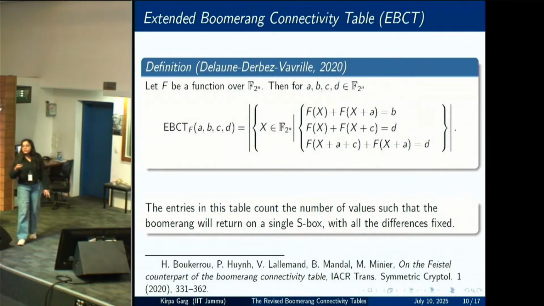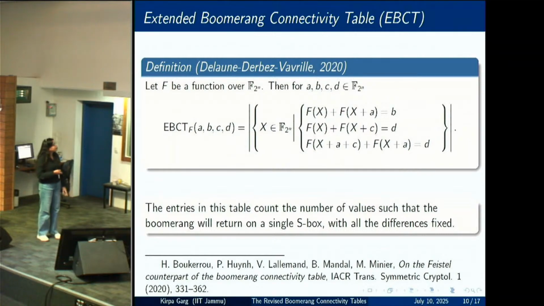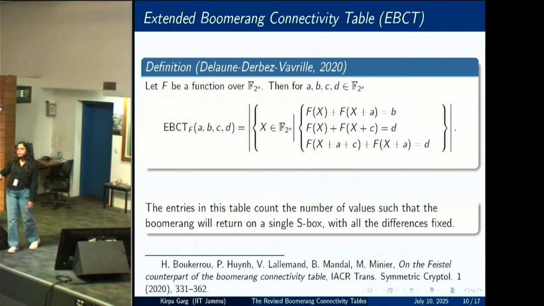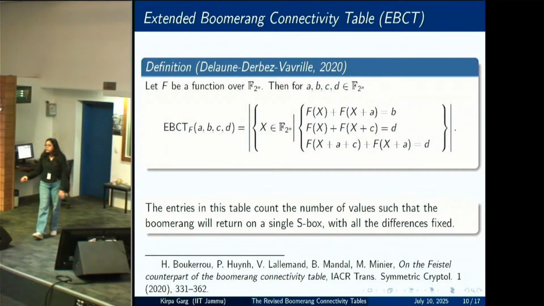It is known as the extended boomerang connectivity table. This was first initially introduced by Boukerrou, Huynh, Lallemand, Minier, and others, and named FBET, Feistel Boomerang Extended Table for Feistel ciphers, and Boomerang Extended Table for SPN ciphers. Later, they renamed it to Extended Boomerang Connectivity Table.